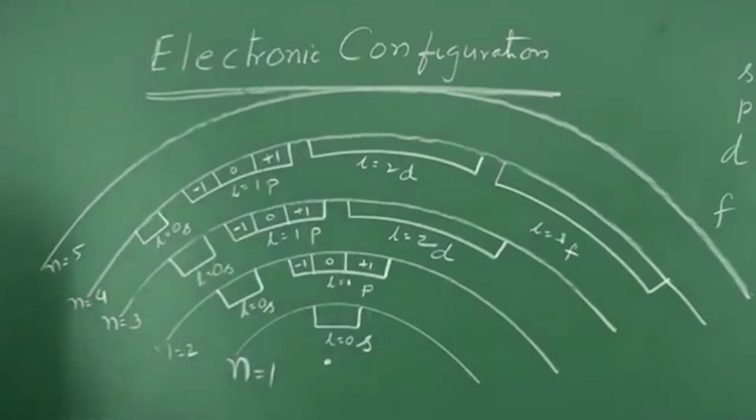Generally, they are designated as Px, Py, Pz. By default, the m value for the Pz orbital is 0. For Pz, it is 0. For Px and Py, they may be plus 1 or minus 1.